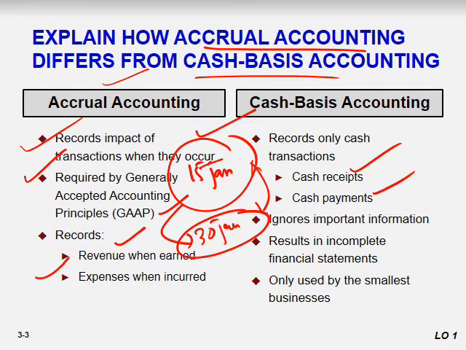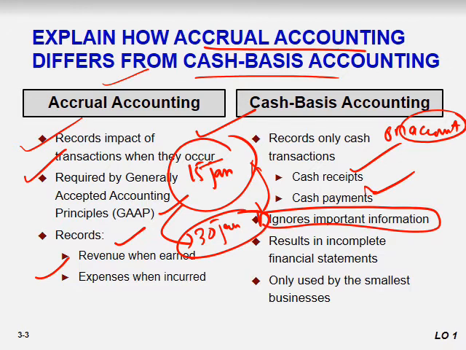For example, any sales that happen, they don't go on account, they just deal with cash basis. So the sales become their cash receipts, payments or expenses become their cash payments. So it ignores important information that is used to make financial statements, for example accounts payable, accounts receivable, because they only deal in cash. So you won't see any accounts payable or accounts receivable.